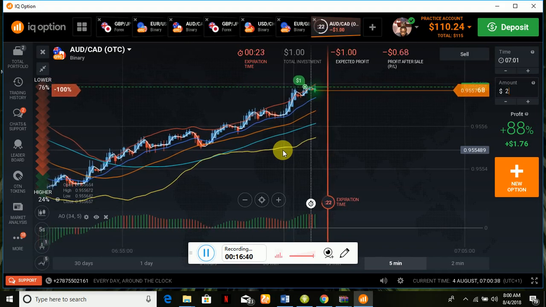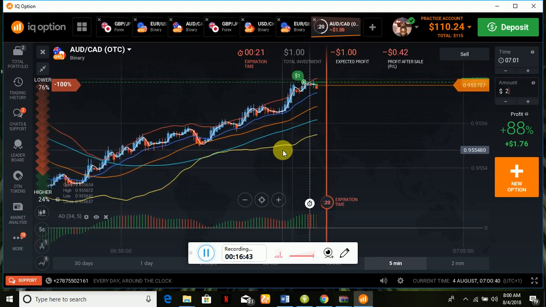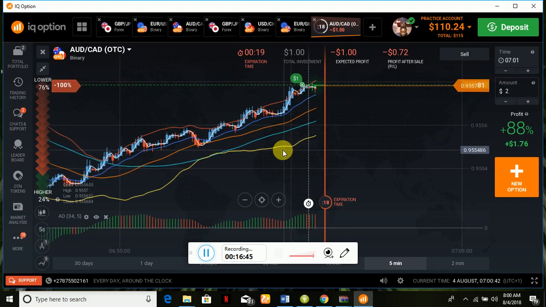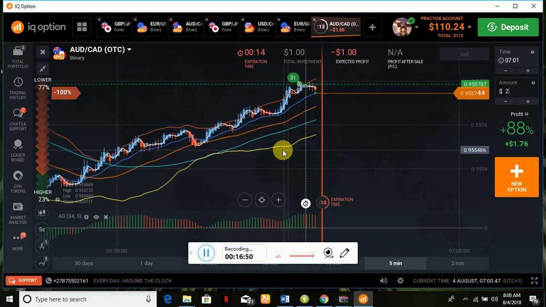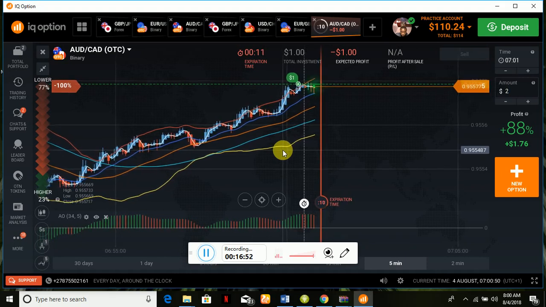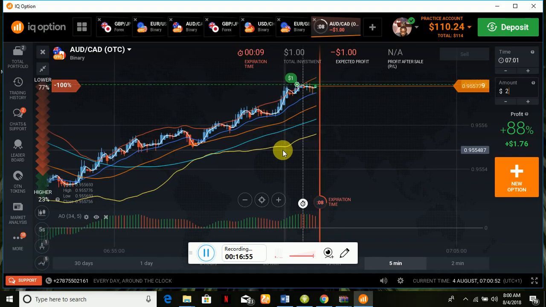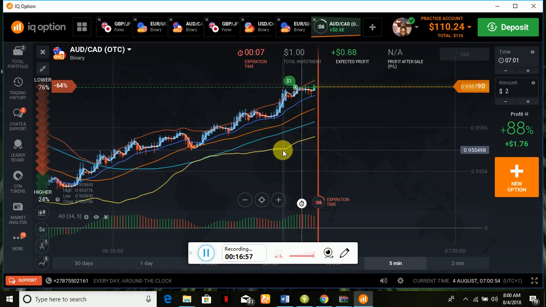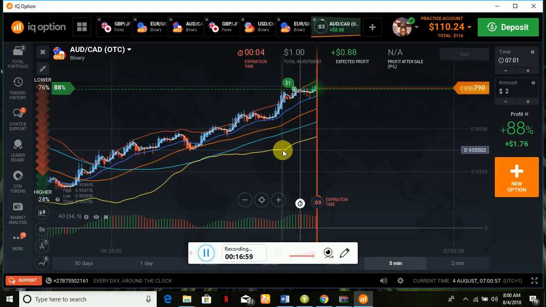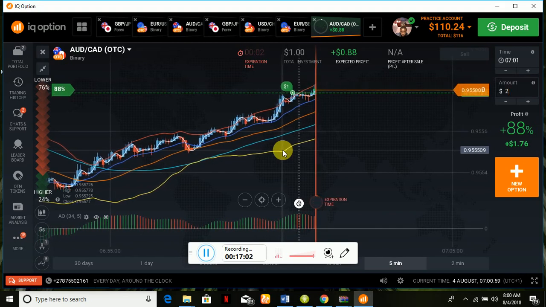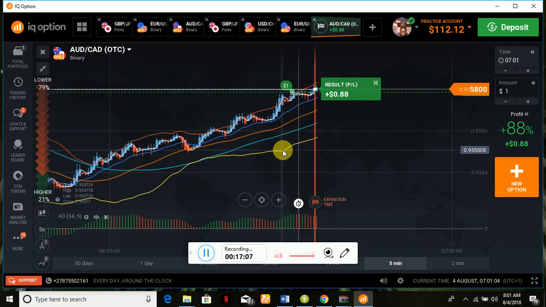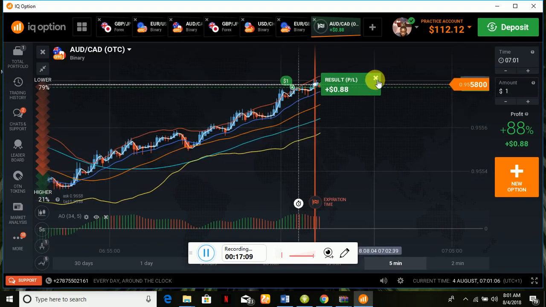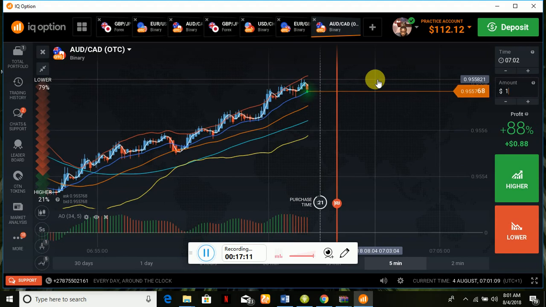I'm hoping that we lose this one so that I can show you how this works. Let's wait for it. Yes, looks like we're gonna lose this one. No, looks like we're also winning this one. I'm looking for a chance so that we can lose here, so I can show you how it works after a loss.